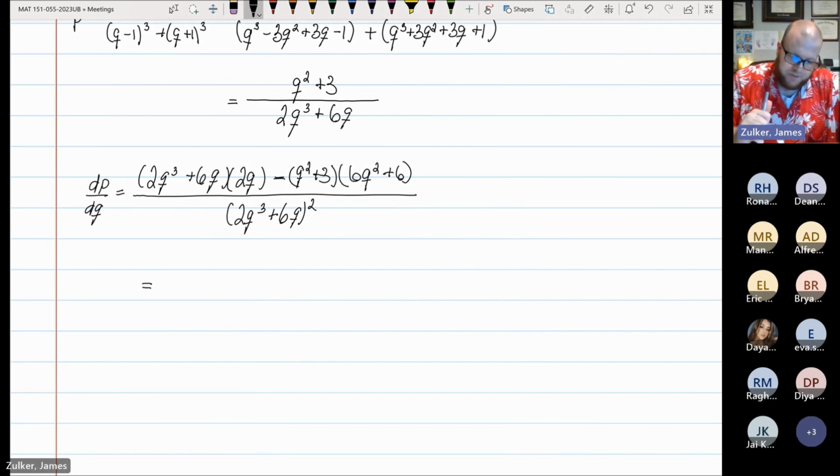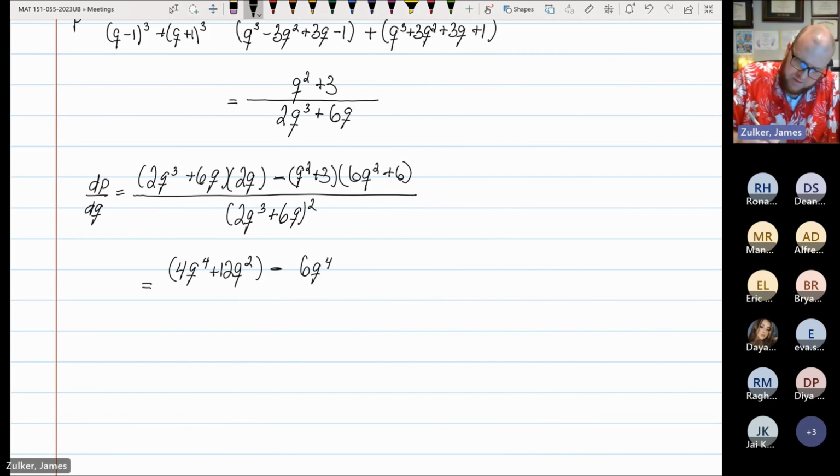Which equals, I have what? 4q to the 4th plus 12q squared when you expand out the first term, minus 6q to the 4th. We have a 6q squared, 18q squared, and then 18.